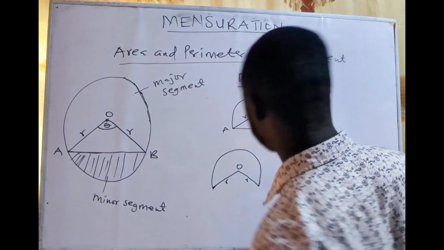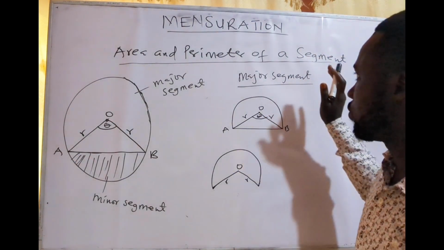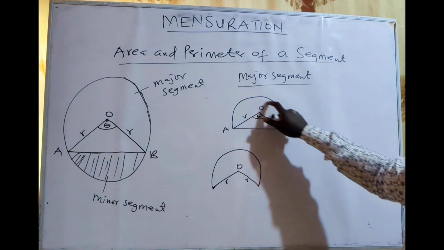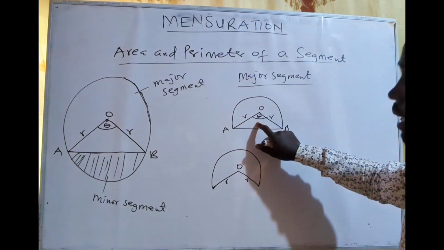What we want to do now is find the area of the major segment. The major segment comprises of a major sector and a triangle.